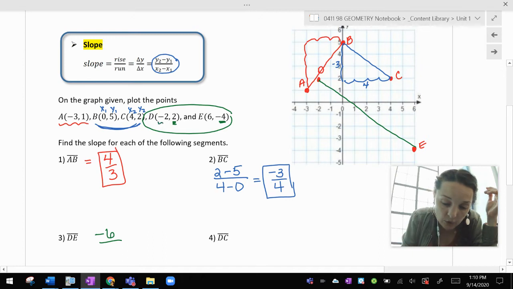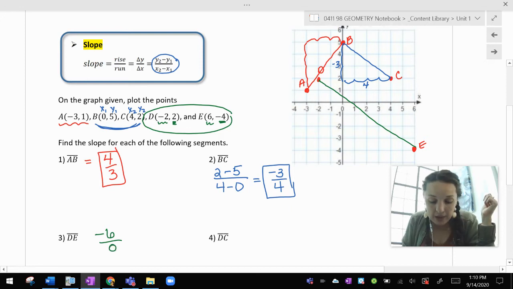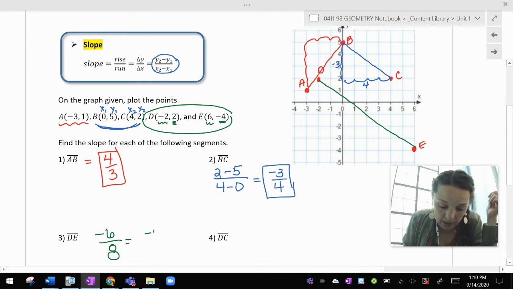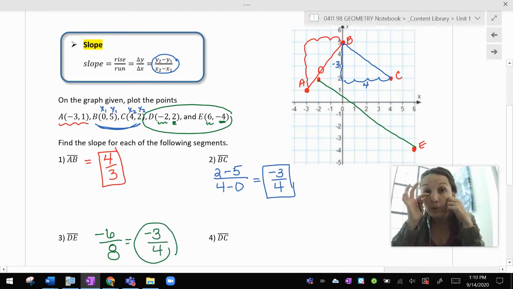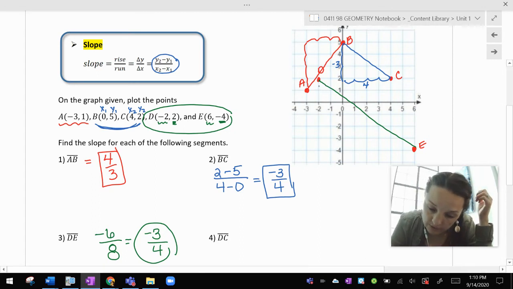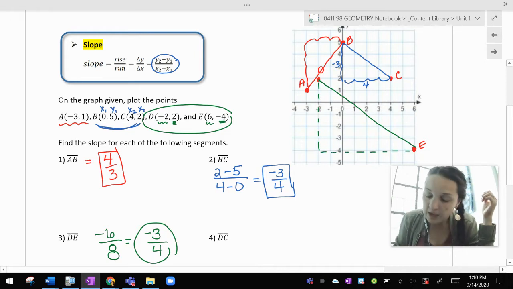And then my X coordinate went from negative 2 to positive 6. So that one went up 8. And negative 6/8, if I want, can reduce to another negative 3/4. Cool. Or you could count it and say go down 1, 2, 3, 4, 5, 6 over 1, 2, 3, 4, 5, 6, 7, 8. And there's my other slope.